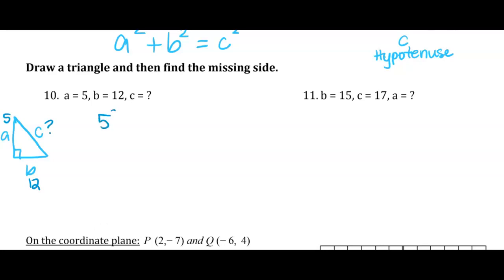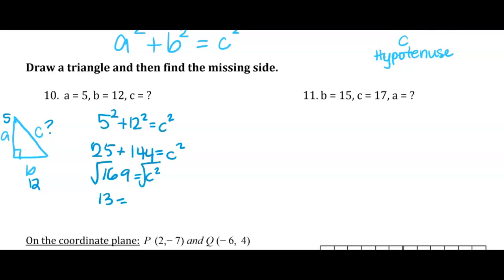So we're just going to plug in and do 5 squared plus 12 squared, and that will give us c squared. 5 squared is 25, plus 12 squared is 144, gives us c squared. 25 plus 144 is 169. To get rid of a square, we just square root both sides, so that we get 13 is equal to c.